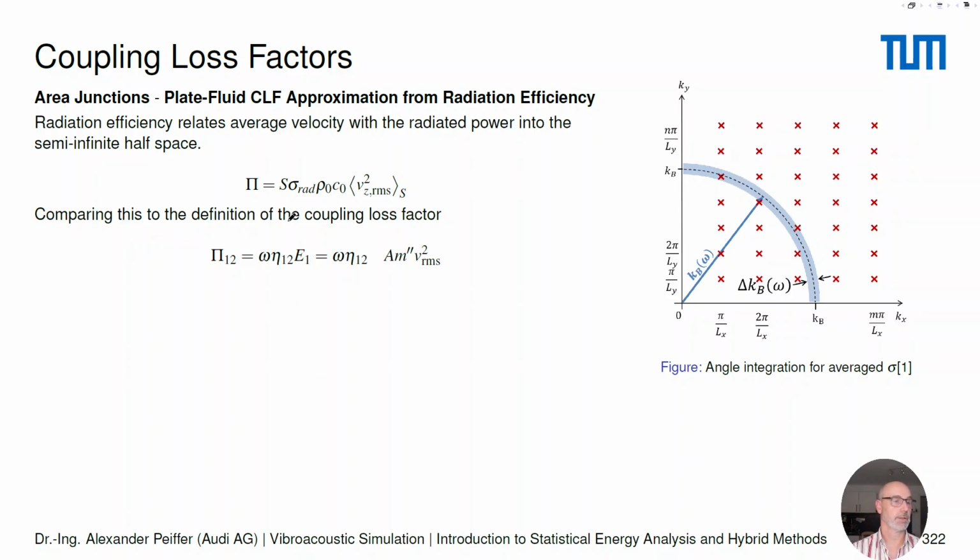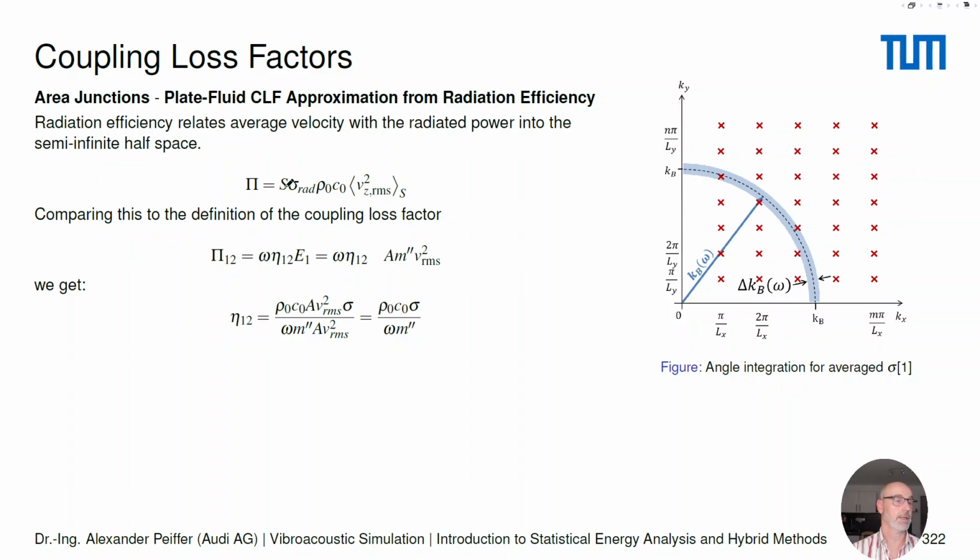So how do we translate this radiation stiffness into a coupling loss factor, a radiation efficiency into a coupling loss factor? So that's a formula for the definition of our coupling loss factor. And the energy is given by the area, the mass per area, and the velocity. And then we get for the coupling loss factor exactly this expression.